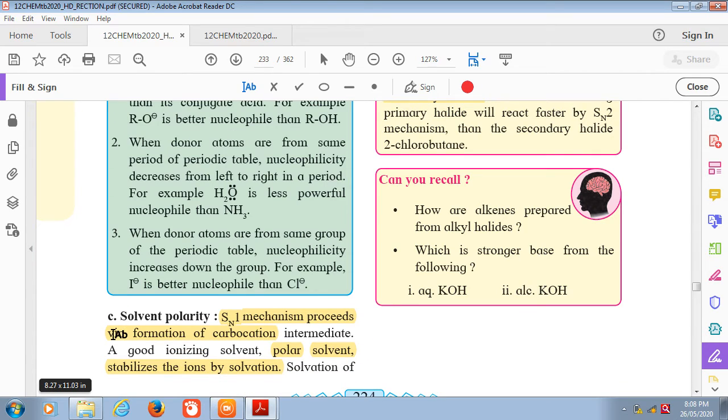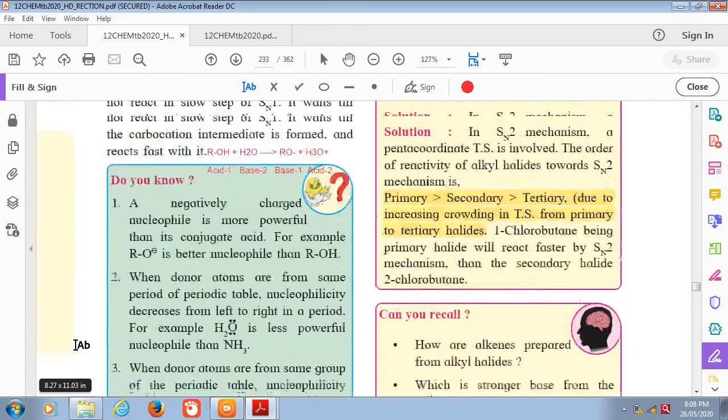The next one is solvent polarity. The SN1 mechanism proceeds via formation of a carbocation intermediate. So a good ionic solvent, that is a polar solvent, stabilizes the carbocation by solvation.